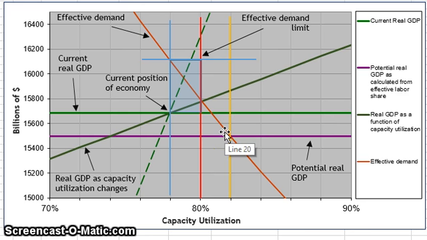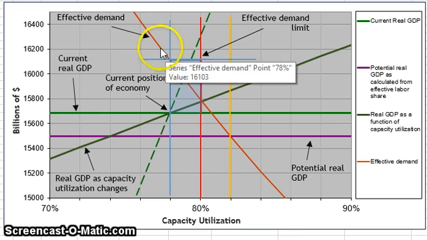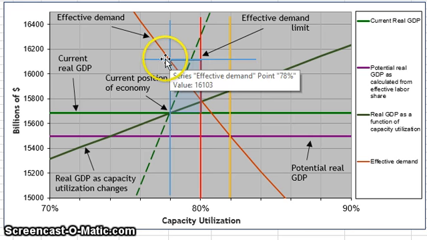So how is it going to get there? It could go straight up if you keep capacity utilization constant. It would just go straight up and hit the projected limit of 16.1 trillion right here, this blue line where the current capacity utilization crosses the effective demand limit line. That would be the upper limit.